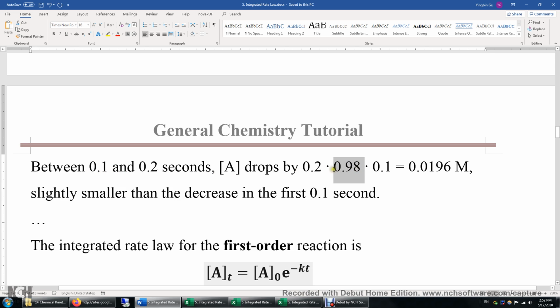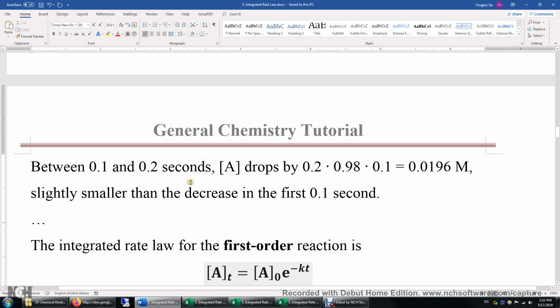So I'm going to use this number. All right. And then this is delta T. So now you can see this A drops by not 0.02 but 0.0196 molar. So it's slightly smaller than the drop of A in the first 0.1 second. Again, this is just because the concentration of A has changed.